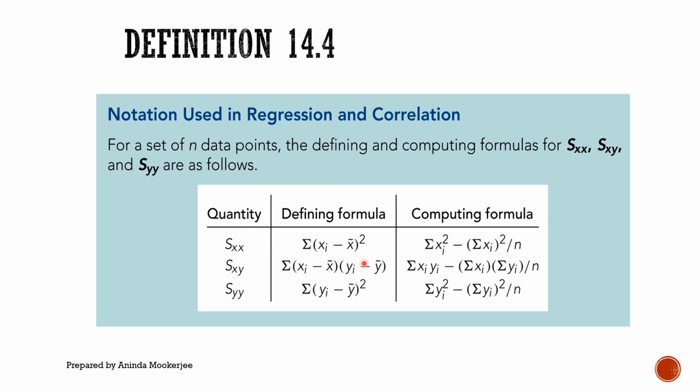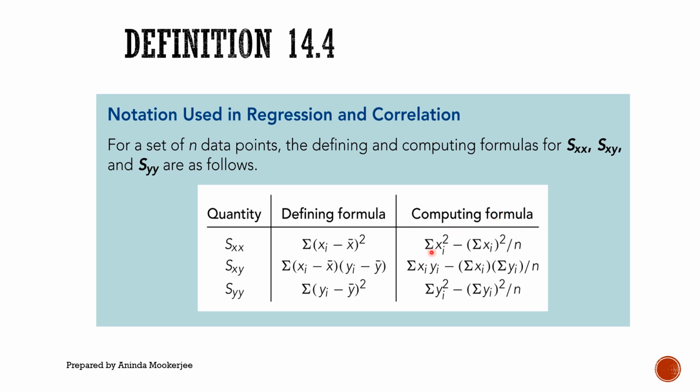Now, these defining formulas are also backed up by a computing formula which does the same thing. The result using the computing formula is going to be the same as that of the defining formula. The only difference is that the computing formula is faster and more efficient.